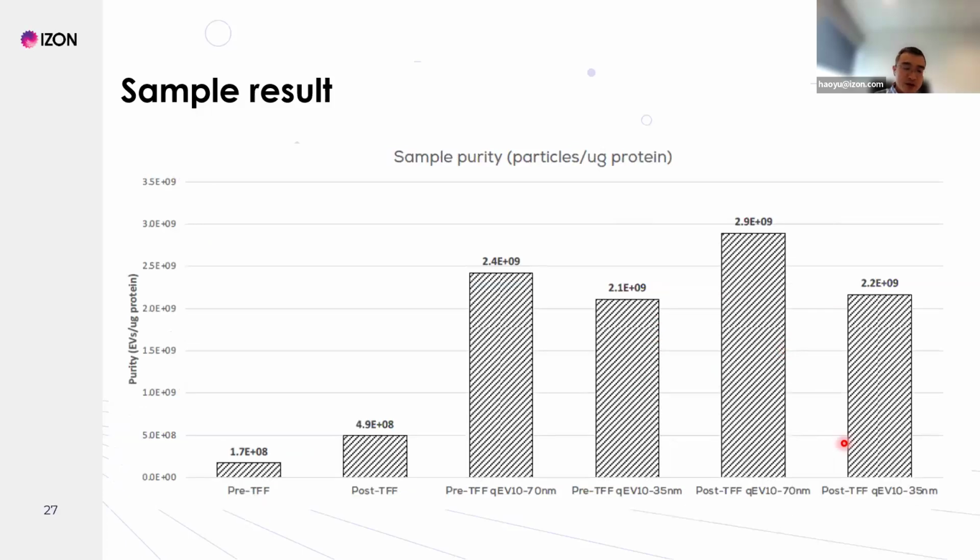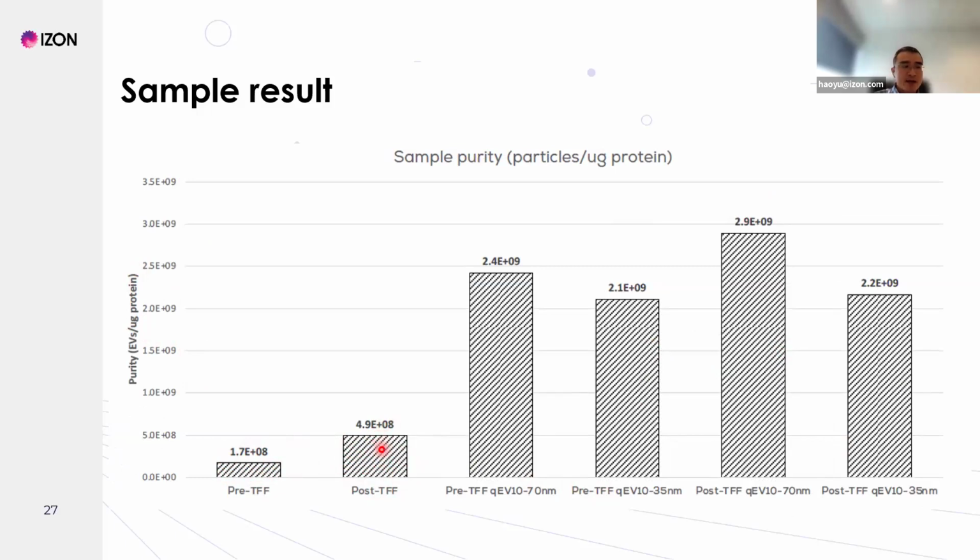Regarding the purities, as I previously mentioned, TFF is just a concentrating method, because you can see the purity is not that high. It's still around E8 particles per microgram of protein. This is the initial purity. After TFF only, the purity increases a little by removing part of the proteins, but not that much.